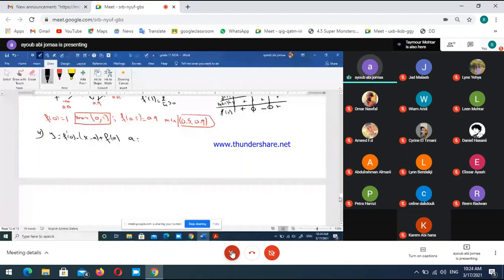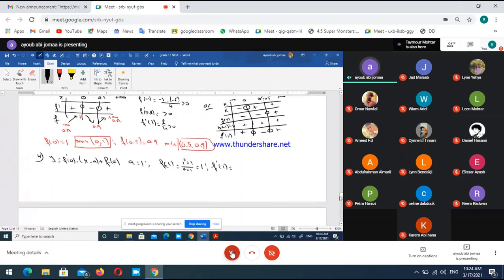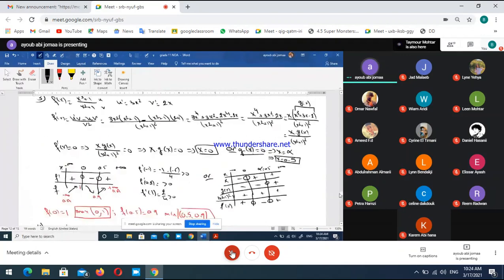Now, f of 1, you replace x by 1, 1 power 3 plus 1 over 1 squared plus 1, which is 1. F prime of 1, replace x by 1. Here you get 1 plus 3, 4, minus 2, 2 over 2 squared, and 2 over 4, 1 over 2.